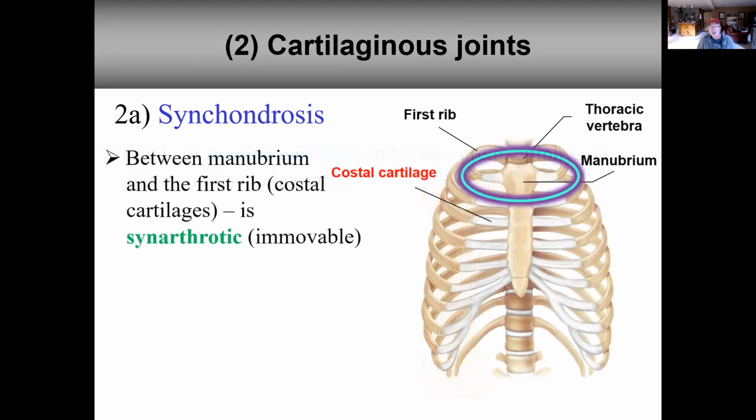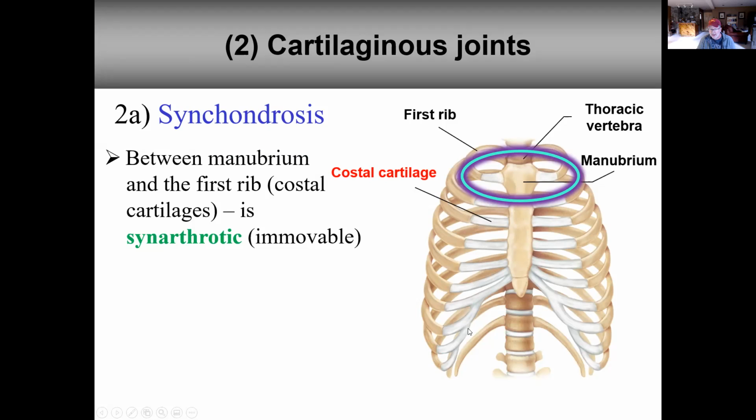Okay, here's another example of a synchondrosis cartilaginous joint. It's telling us to look here where the first pair of ribs articulates with the manubrium of the sternum. Again, we talked about all of these bones in lab, so this should not be new to you. So here, between the first pair of ribs and the sternum, in white is hyaline cartilage.